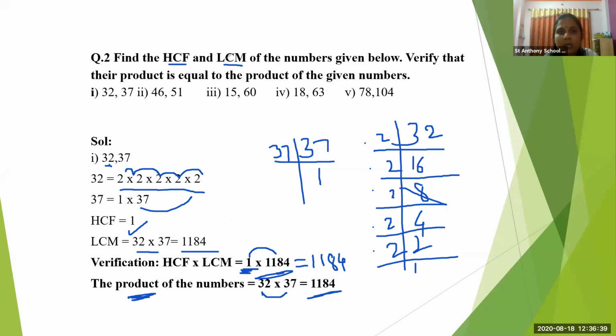If we multiply HCF and LCM, their product is equal to the product of the given numbers. Given number मतलब जो number हमको दिए हैं 32 और 37, उनका multiplication भी same आना चाहिए. That will be our verification.